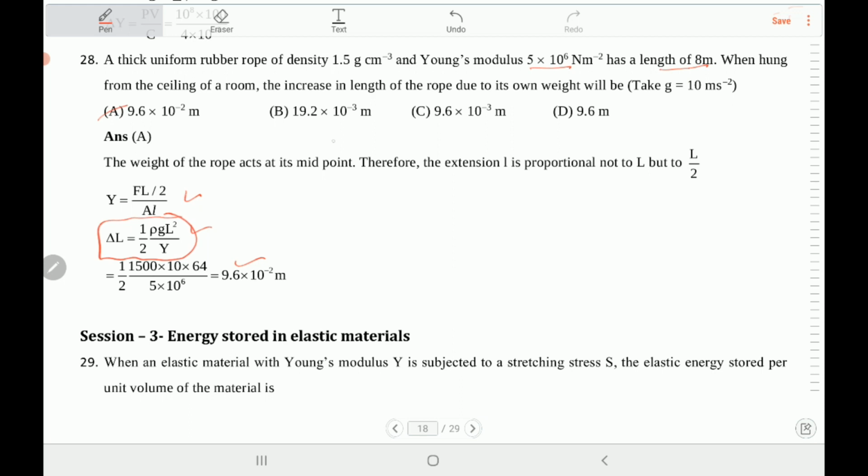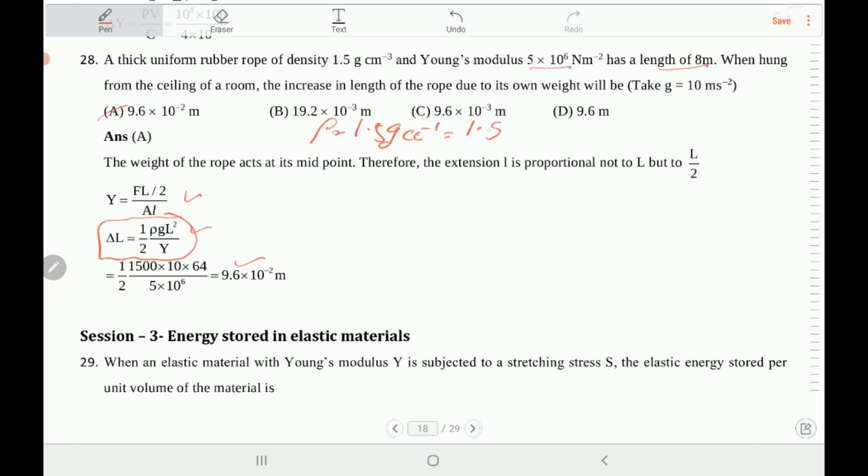But the only thing I would like to explain once again: density is 1.5 gram per cc, centimeter cube. You have to write that in kg per meter cube because of SI units. That's why all values are in SI remaining except this.